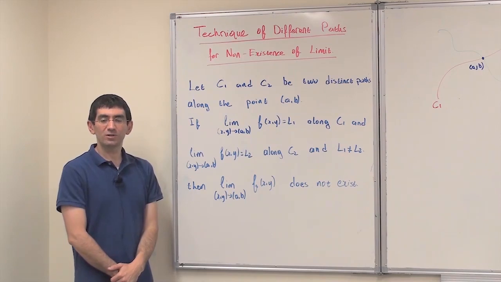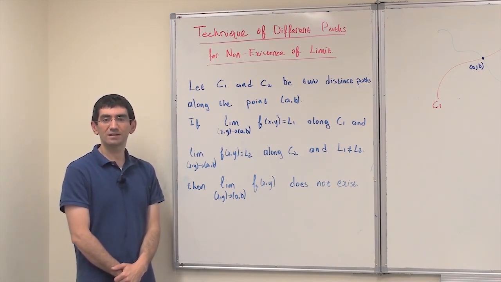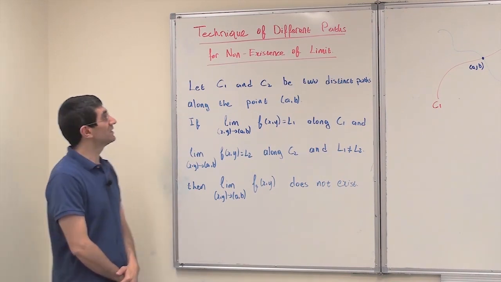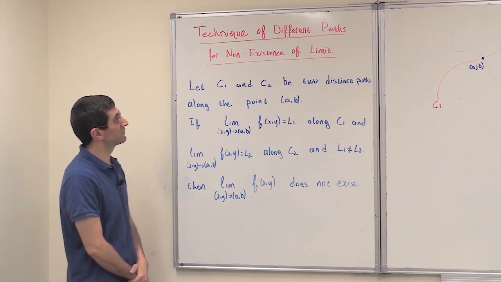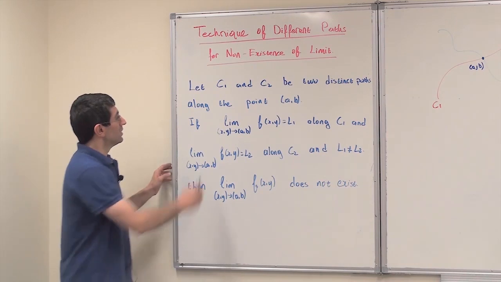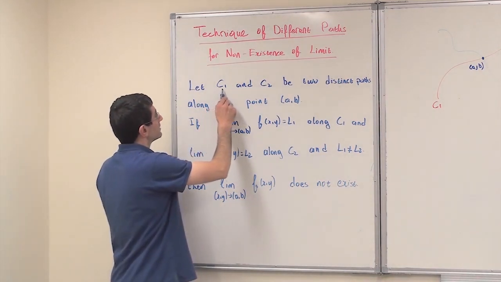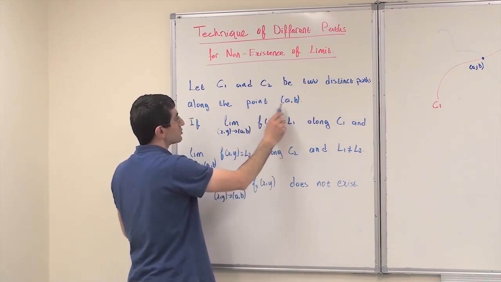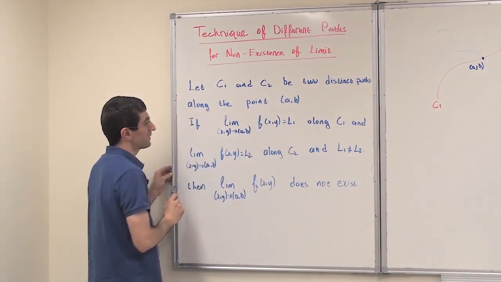Lastly, we are going to talk about a technique to show that the limit of a function does not exist. This technique is called the technique of different paths. So we take two paths, C1 and C2, which pass through the point (a, b).